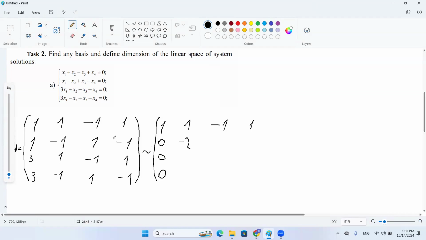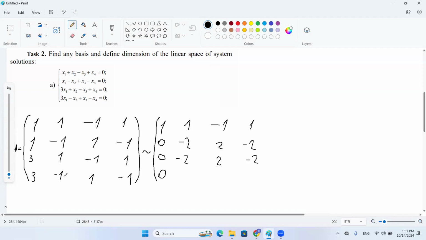So minus 2, 2, and minus 2. And then I multiply the first row by 3 and subtract it from the third. So 0, then minus 2, 2, and minus 2. 0.